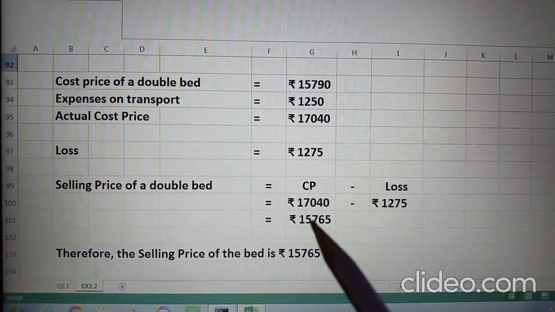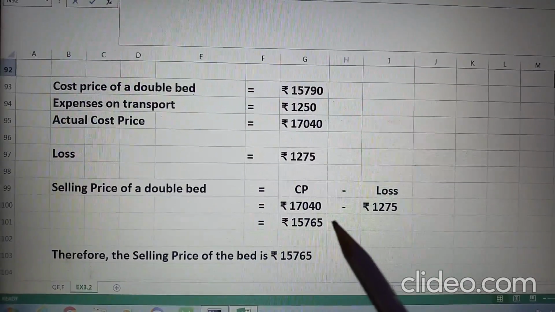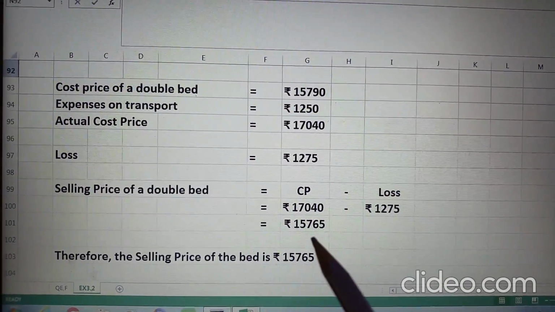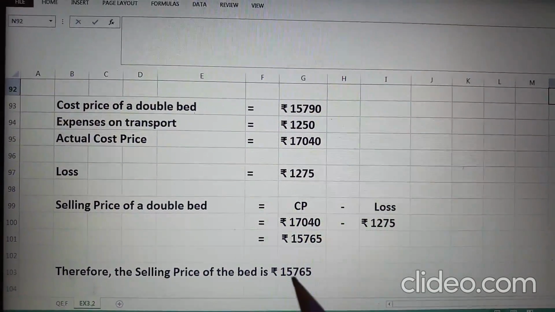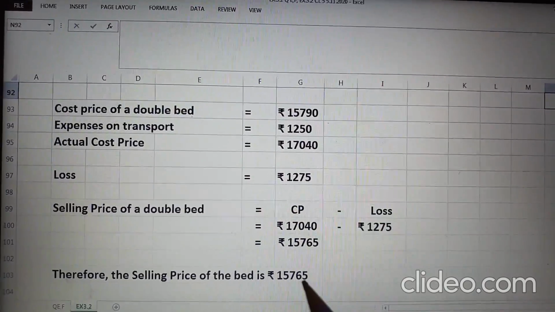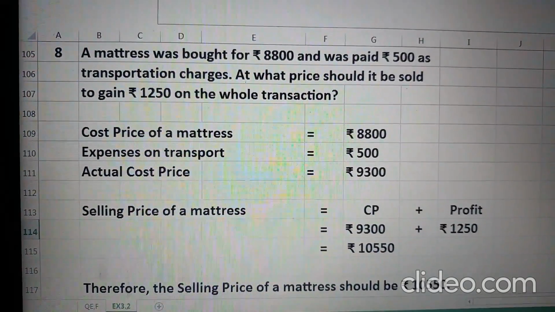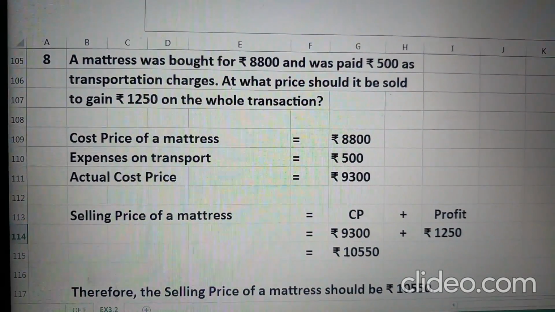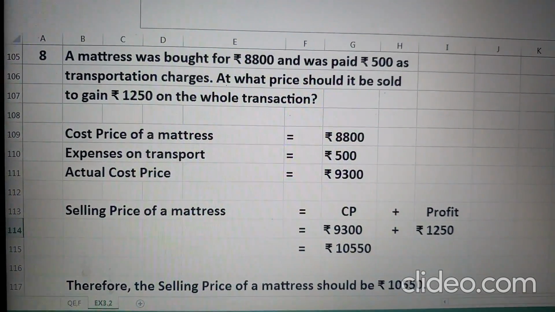Now 17,040 is the CP, loss is rupees 1,275. When we subtract these two, we get 15,765. Therefore, the selling price of the bed was 15,765. Now question 8 is, a mattress was bought for rupees 8,800 and was paid rupees 500 as transportation charges.